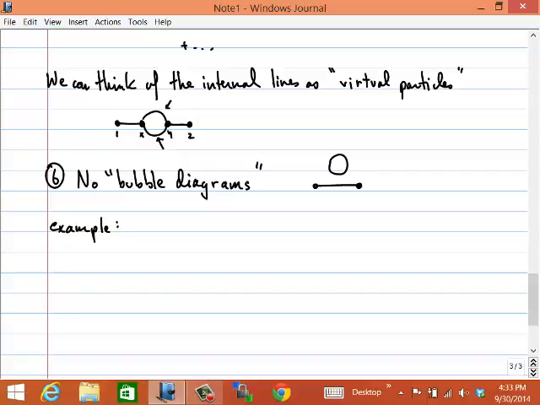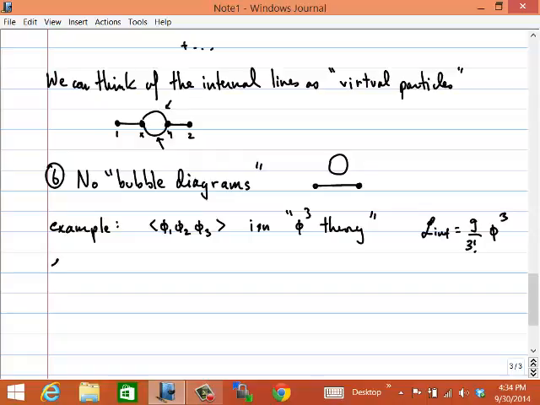So let's consider a 3-point function in phi cubed theory. When I say phi cubed theory, I mean the theory with the interaction term g over 3 factorial times phi cubed.